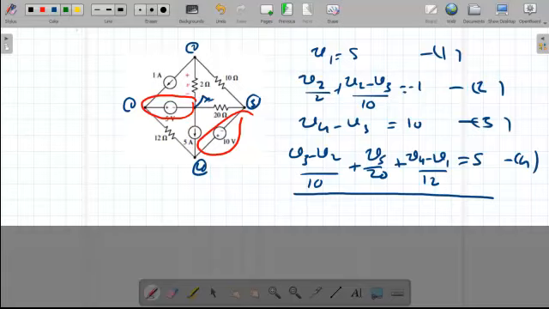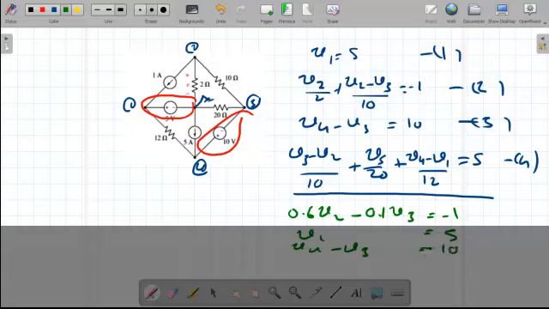So I will have 0.6 V2 minus 0.1 V3 equal minus 1. V1 will equal 5. V4 minus V3 will equal 10.